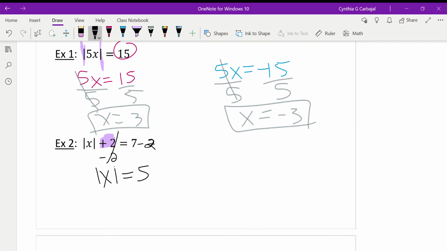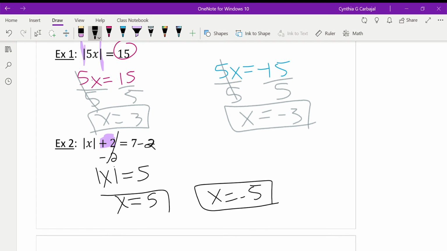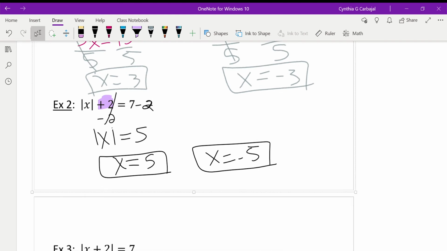Well, there's nothing inside besides the x, so 1 will be set equal to 5, and 1 will be set equal to a negative 5, and there is our answer, because x is already isolated, so there's not much to solve there. And if you want to, you can always plug it back in place of x, back here in the equation. If I put 5, the absolute value is 5 plus 2, does it give me a 7? Yes. And then I plug in a negative 5, the absolute value of negative 5 is still positive 5, and I add a 2 would be 7.